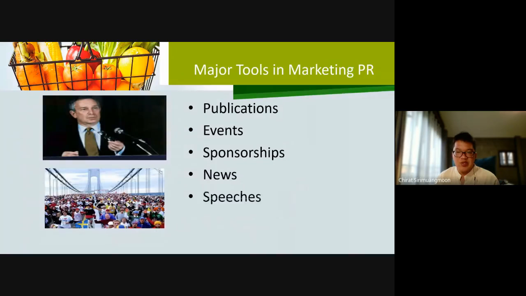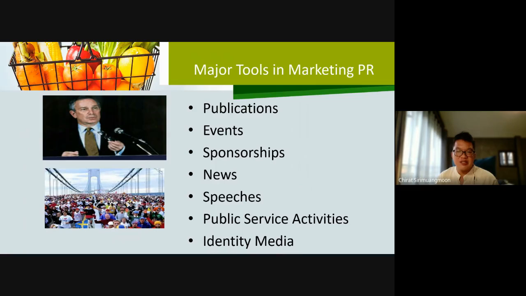So let's talk about the major tools that you can use for marketing in public relations. You can use publications. You can use the media in general, like books or newspapers, or for now it's going to be Facebook. So that is publications.